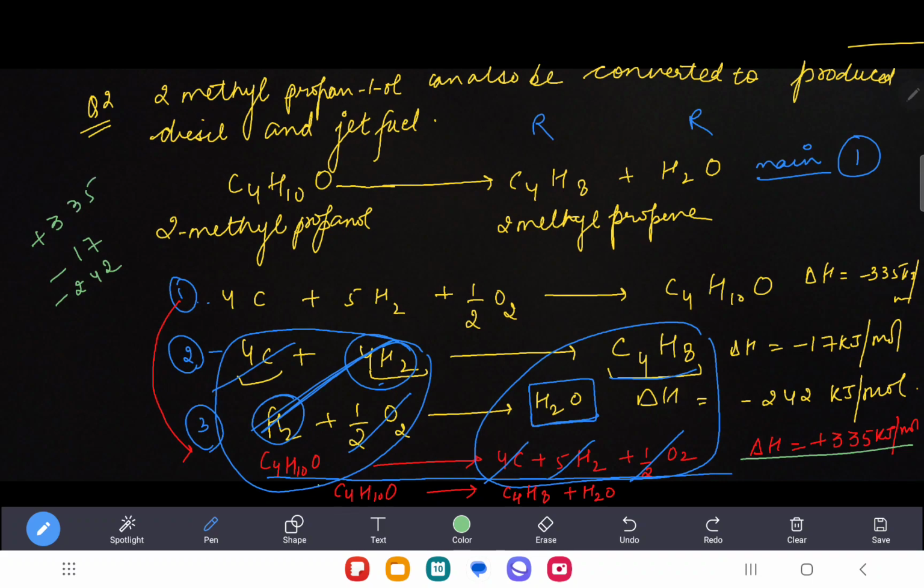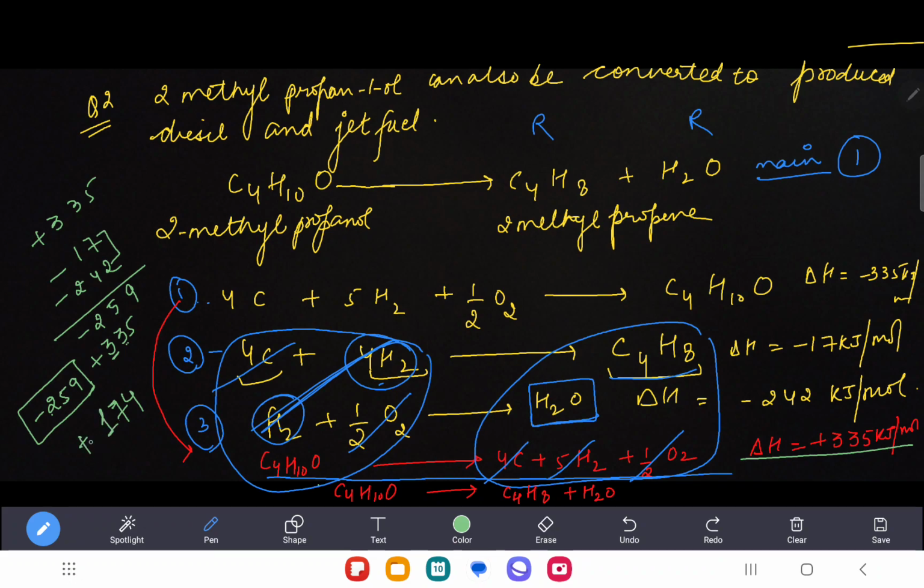So 7 plus 2 is 9 and 5, so minus 259, and plus 335. So 15 minus 9 is 4, 12 minus 5 is 7, and 3 minus 2 is 1.